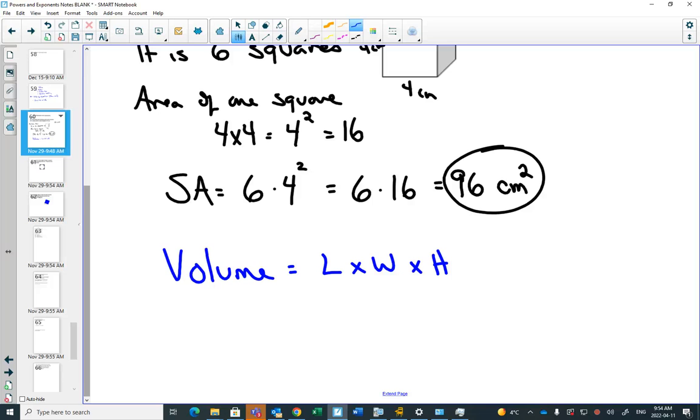And that makes it 4 times 4 times 4, which in the exponents unit you could write as 4 cubed, which is equal to 64. What do you think our units are going to be for volume? Centimeters cubed.